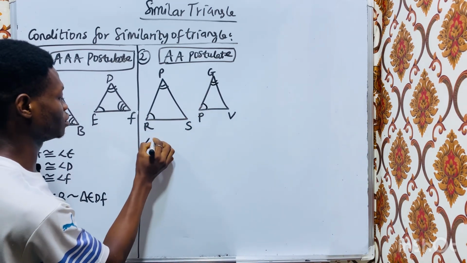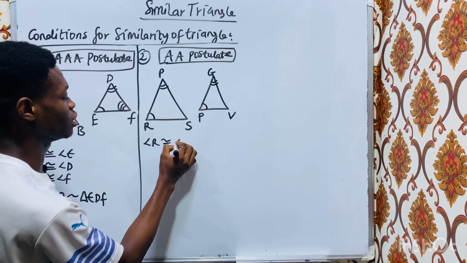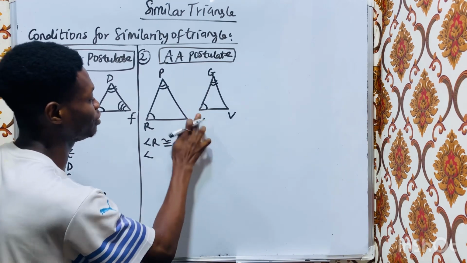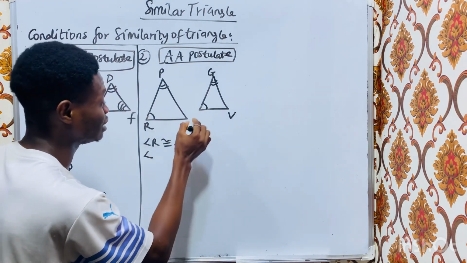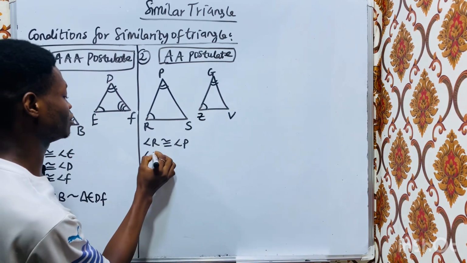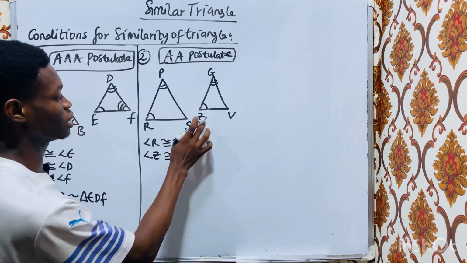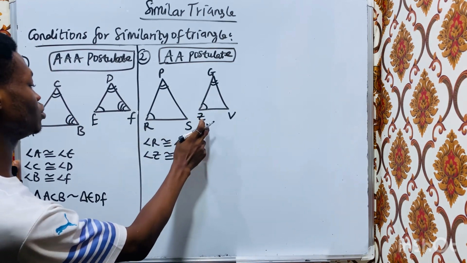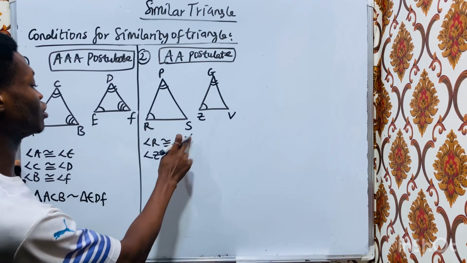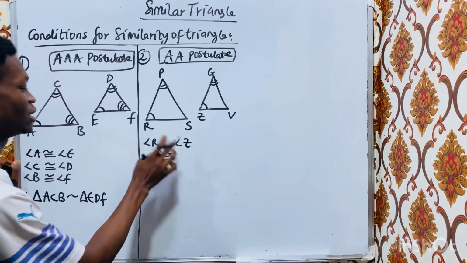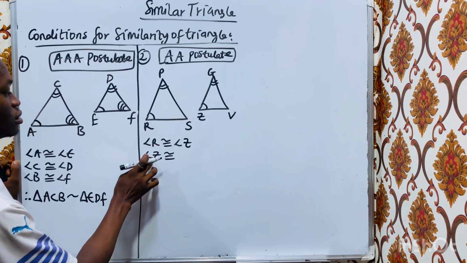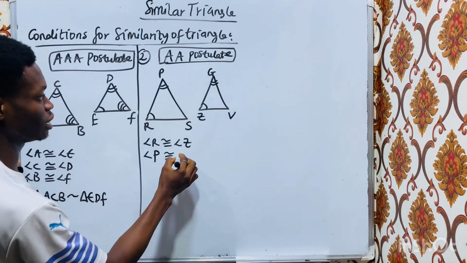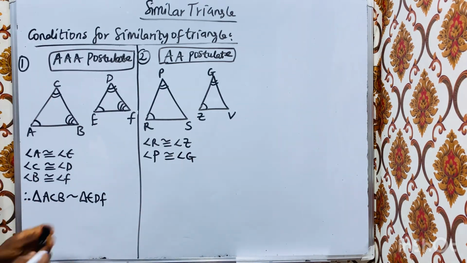So angle R is congruent to angle Z, and angle P is congruent to angle G. You see it now.